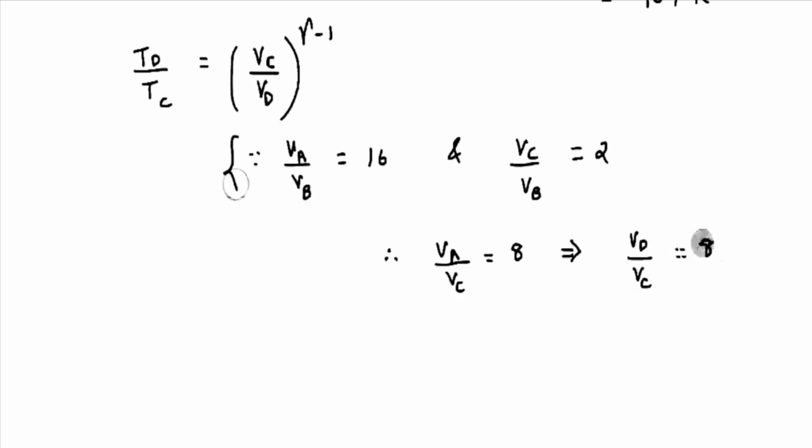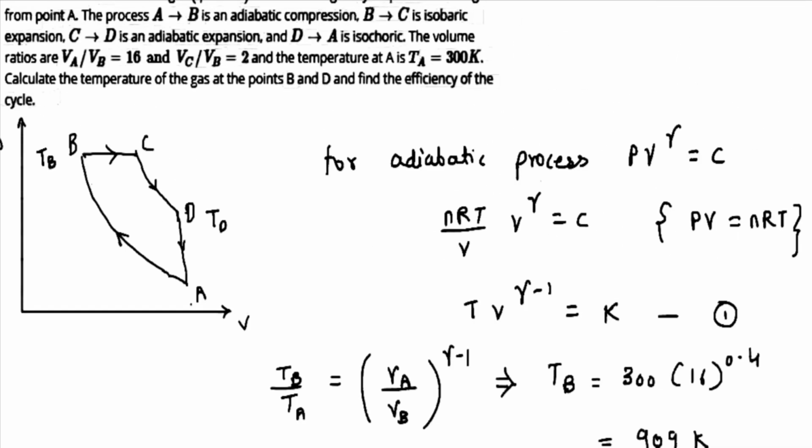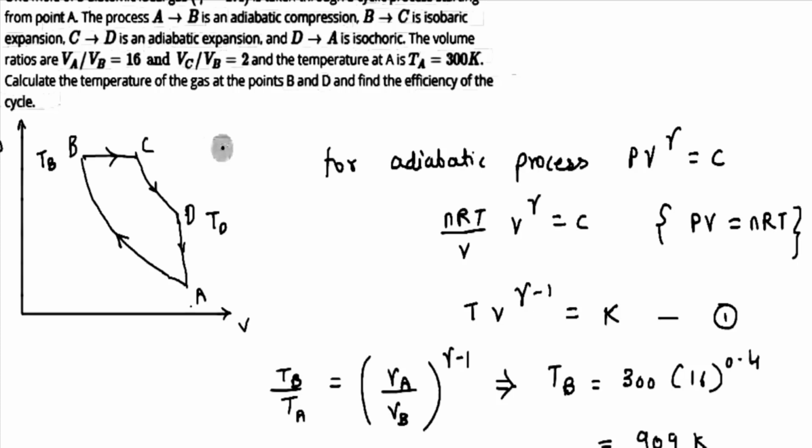This is just for understanding. So we can say TD will be equal to TC into VC by VD, which is 1 over 8, raised to 0.4, where TC is this value.